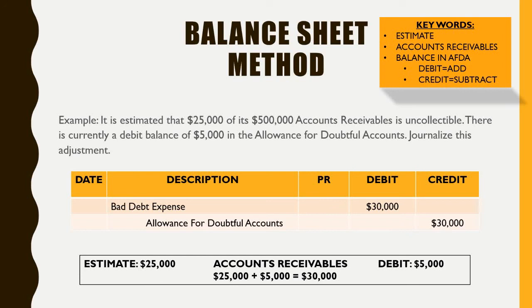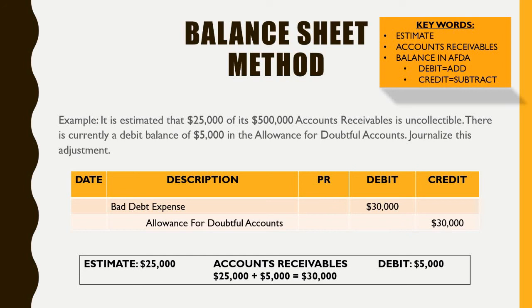If you remember our lesson about debits and credits, it's like a weighing scale. In the middle is zero. Zero means you're evened out, there's no left or right. In this case, I'm already on the left side, $5,000. My end goal is I need 25,000 on the right side.